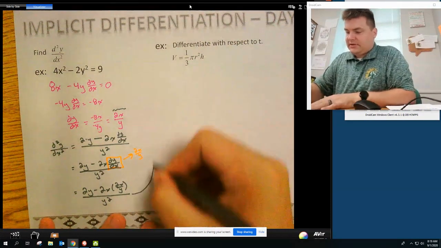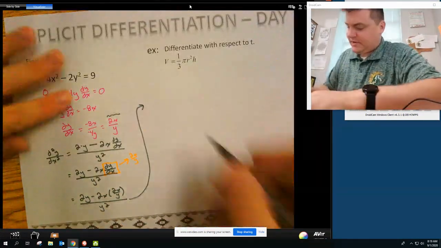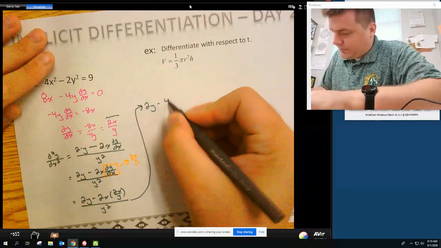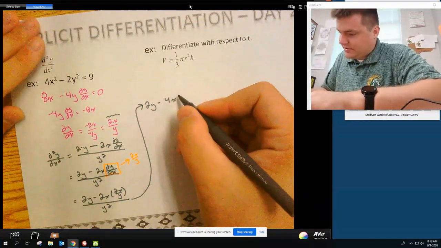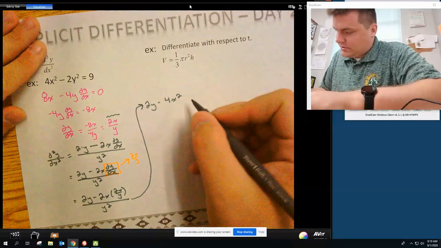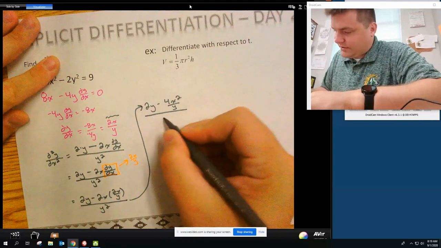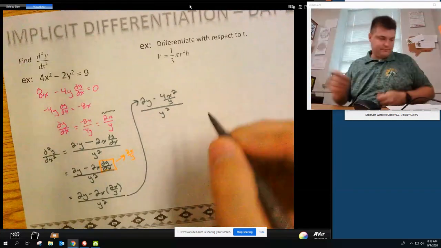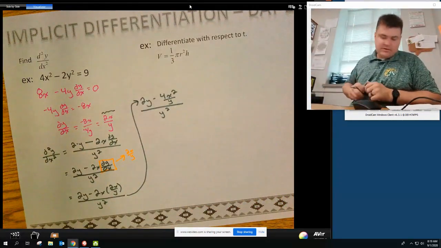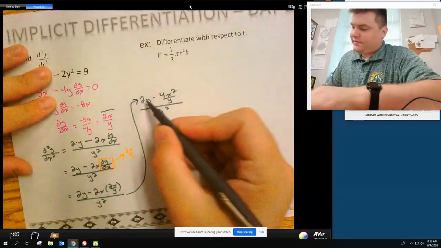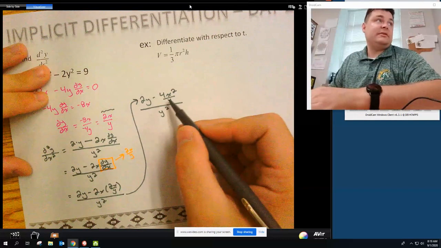Not done yet. I'm going to clean this up. So I'm going to get 2y minus 4x squared all over y, and then that's all over y squared. Okay? So now I want to make this into one fraction up here so I can get rid of this little fraction.